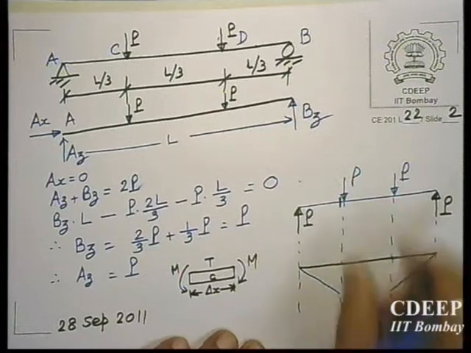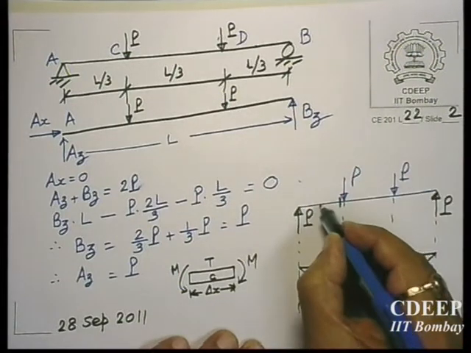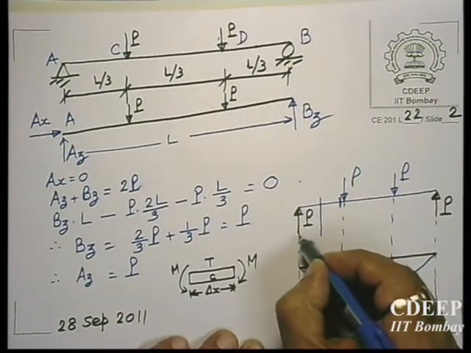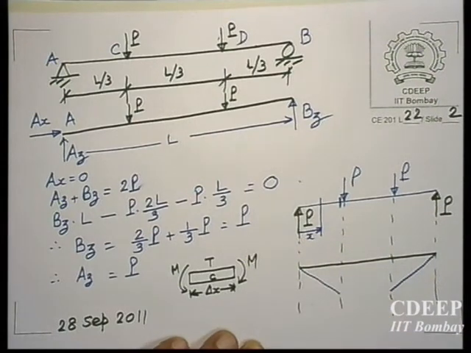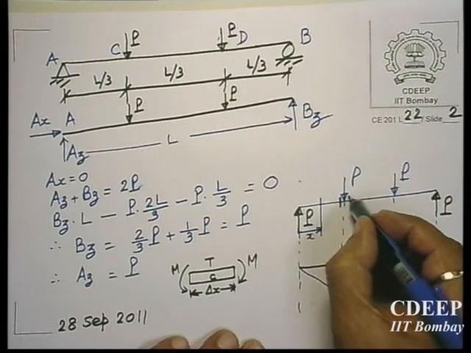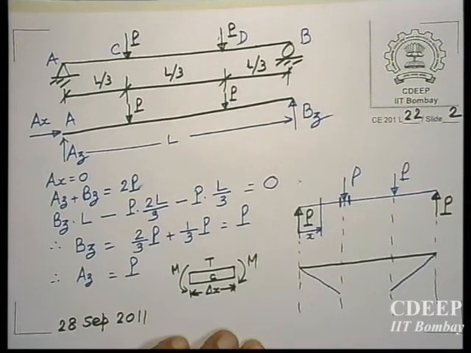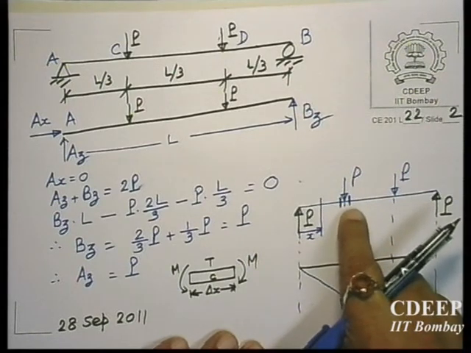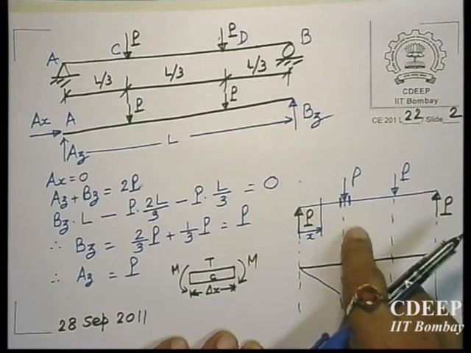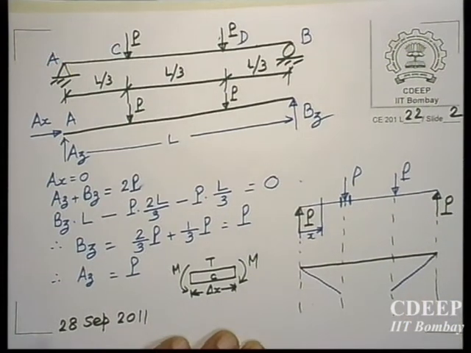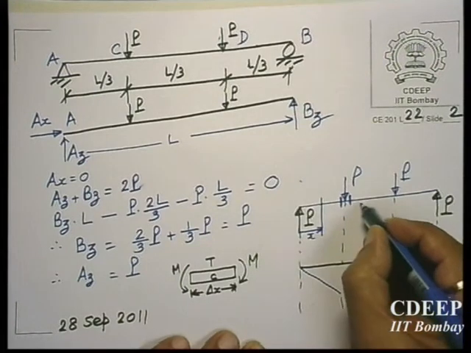And then at any distance it will be P into x, it varies linearly. After this P, what is the value? If x is this, so it will be equal to how much?